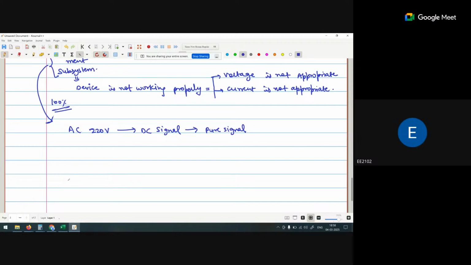After that, from this pure DC signal, we may require some different voltages. At one point we require 9 volt, at another 5 volt, maybe at one point 4 volt also. So basically this pure DC signal will be converted into different DC voltages, 9 volt, 5 volt, 4 volt, as per the requirement.